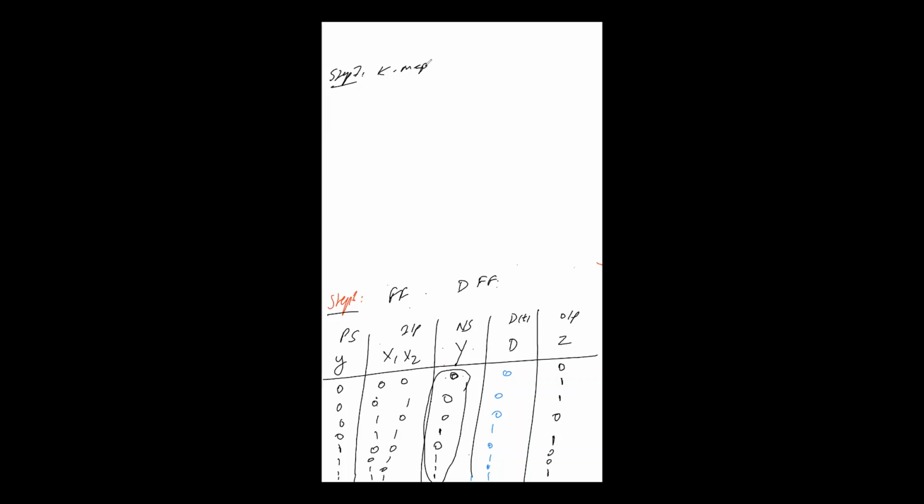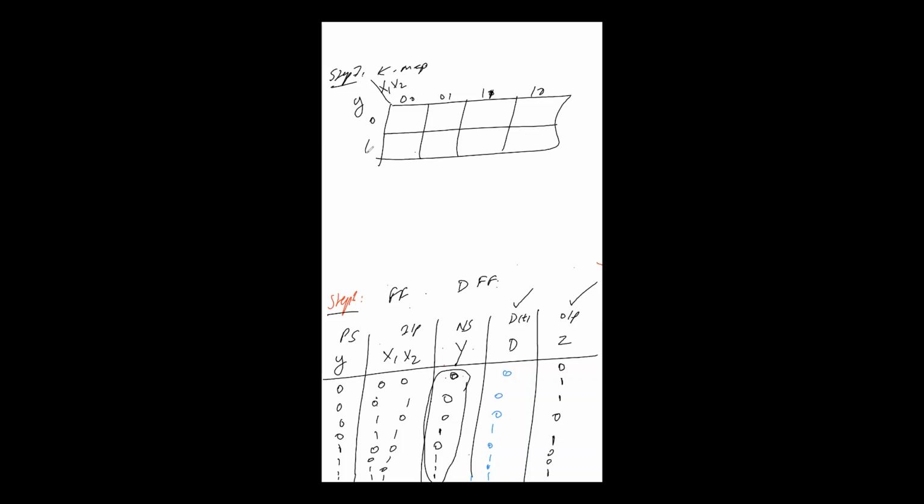You have to obtain the expression for D and you have to obtain the expression for Z. This is a 3-variable K-map, in which the first variable is Qt, or Qt is what you have represented as Y. Then write here Y, and inputs are x1 and x2. Right? 0, 1, 0, 1, 1, 1, 0, 0, 1.